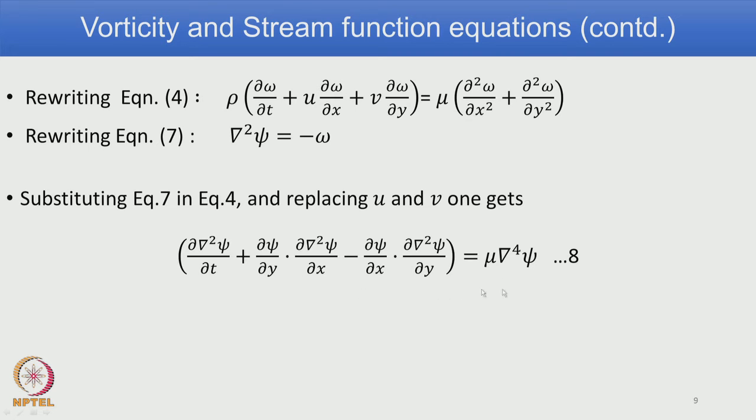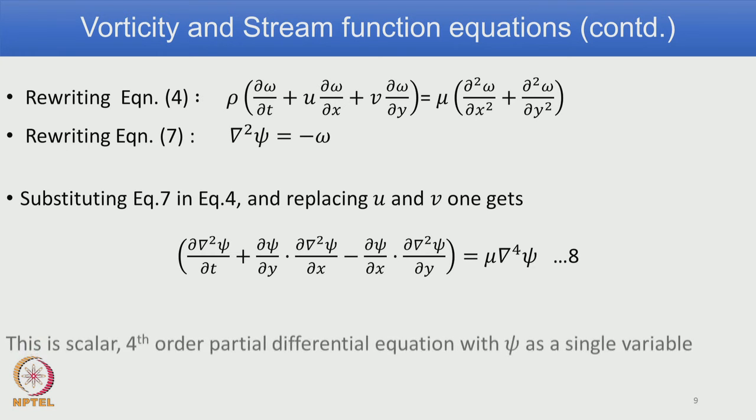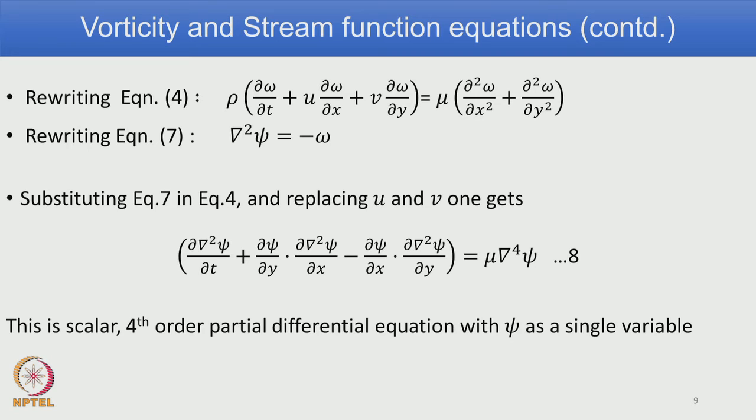If you look at this equation, first, it is a fourth order equation, because you have a fourth order term here, and in this equation only psi is a variable, there are no other variables. So, it is a complete transport equation only with the variable psi, and this is a scalar equation, because psi does not have a direction.